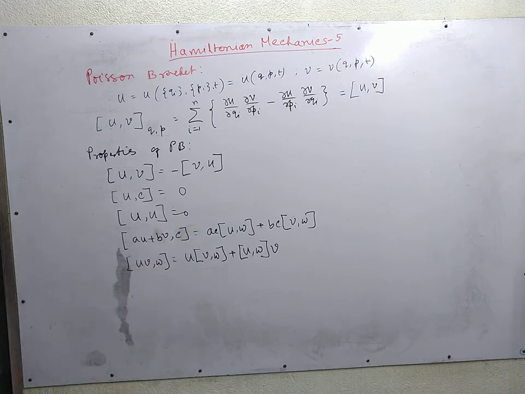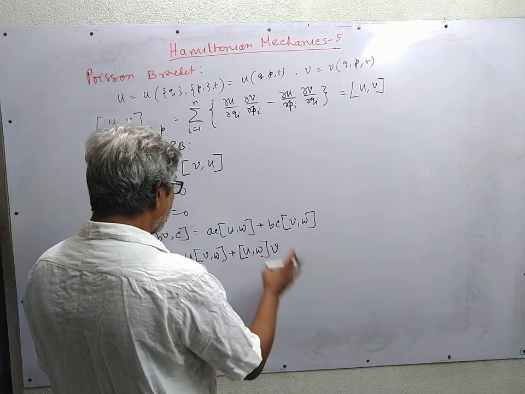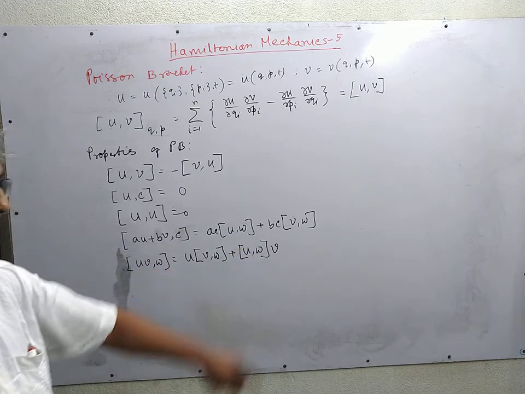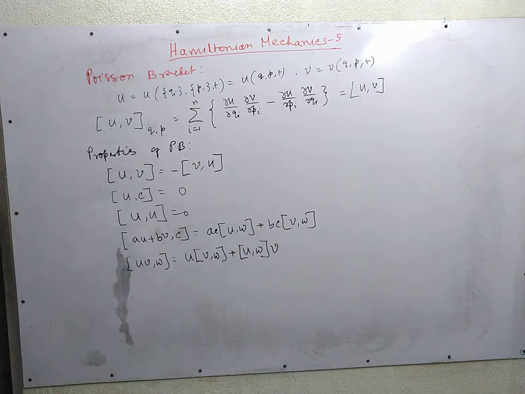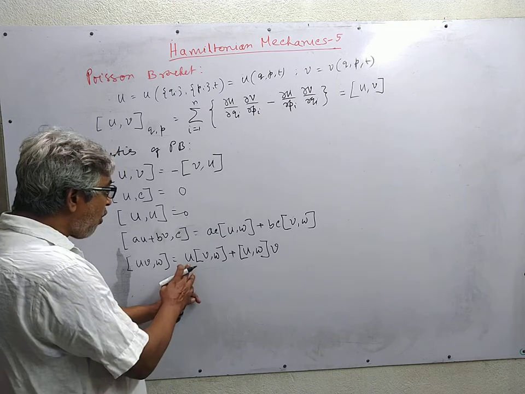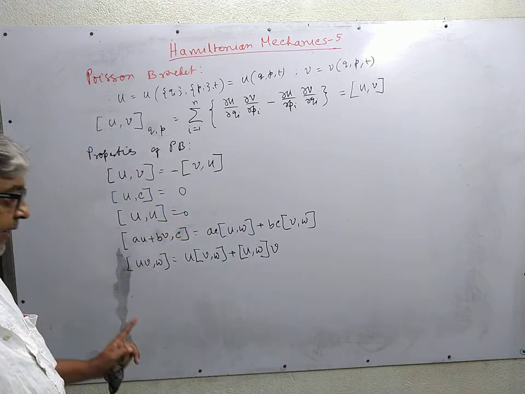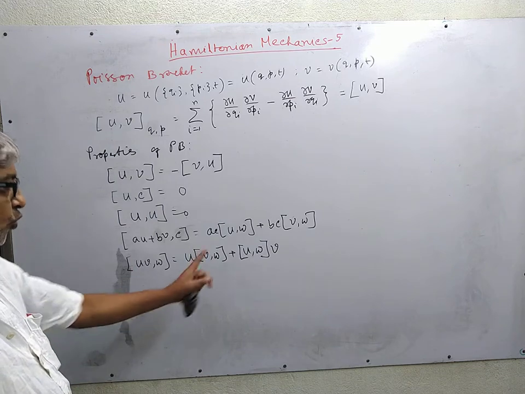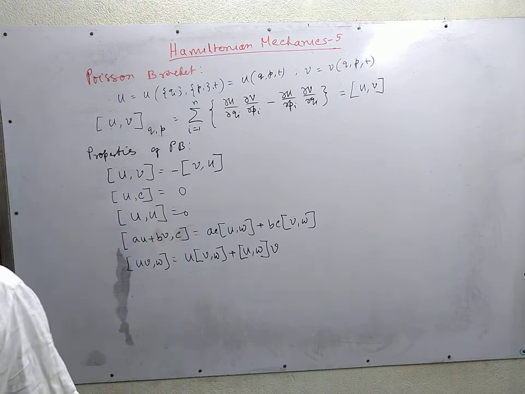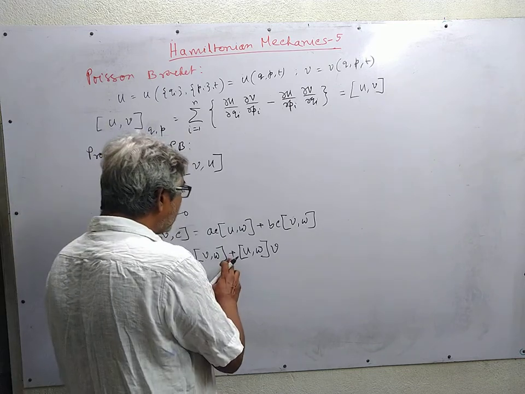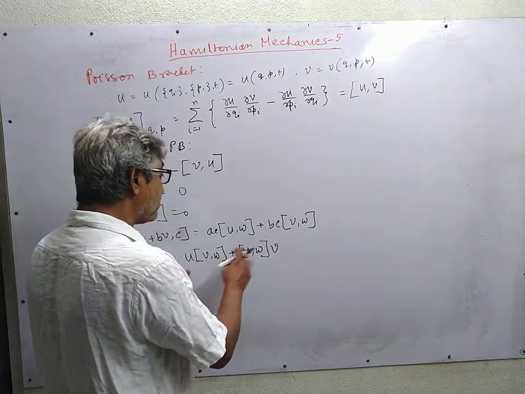Recall that in the case of the commutator bracket of quantum mechanics, we got a similar expression, but in quantum mechanics these quantities were Hermitian operators, and in that case the ordering was a must. But here in classical mechanics, U, V, W are dynamical variables, so we may write U over here as well as over here in the case of the Poisson bracket.